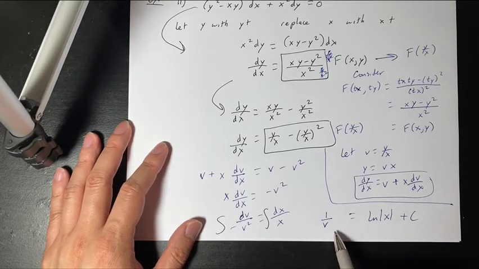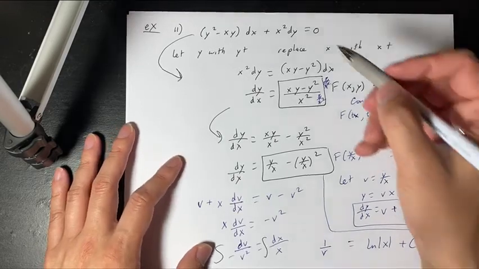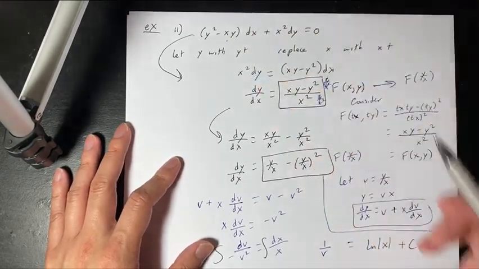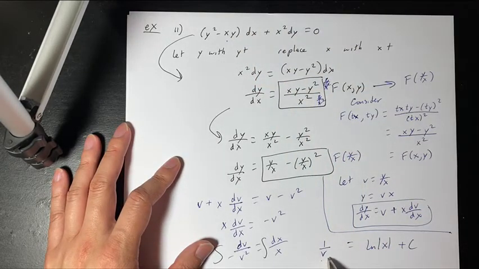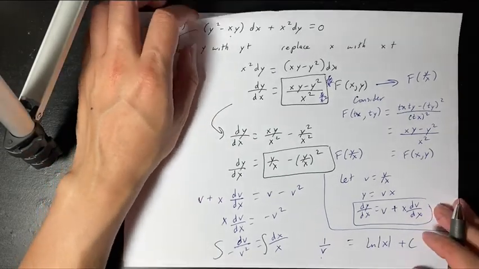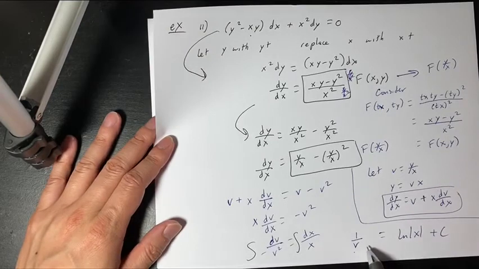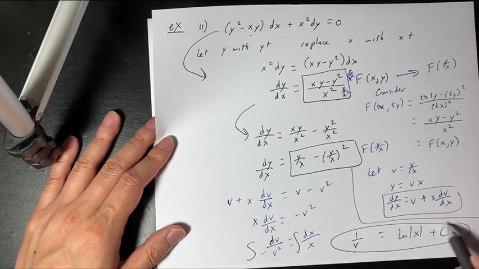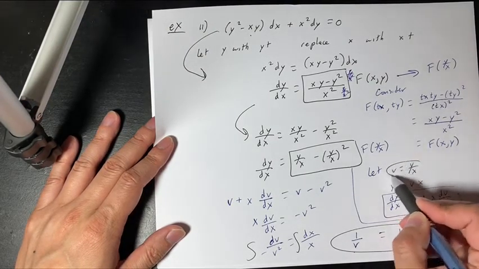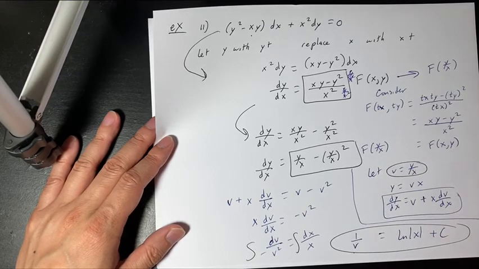Well, we're not quite done. We start off with the differential equation in terms of x, y. Here are solutions in terms of v, x. So one very last thing, I need to replace that v with y over x.